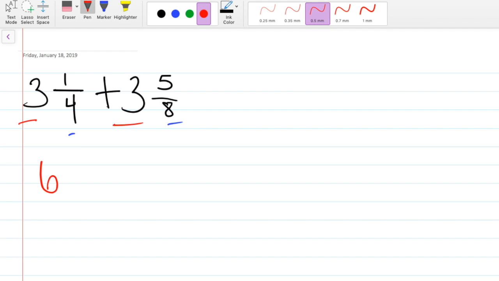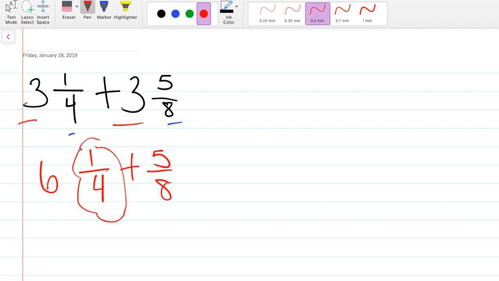And now we can't just do 1/4 plus 5/8 because when you add fractions, you need to have the same denominator. So how can we turn this first fraction into something that is equivalent with the denominator of the second fraction? Well, very simple.